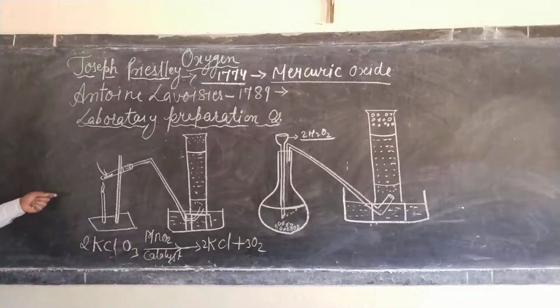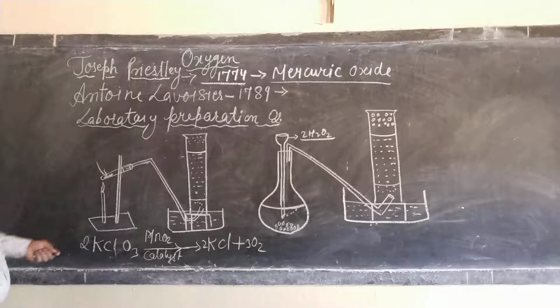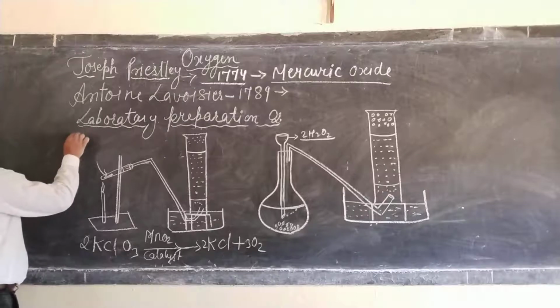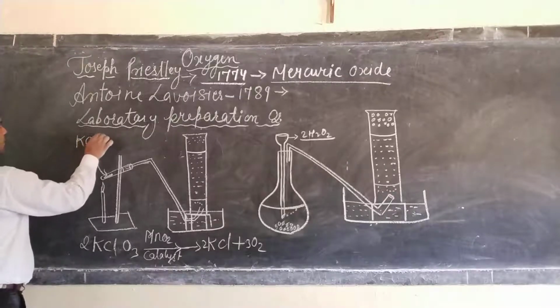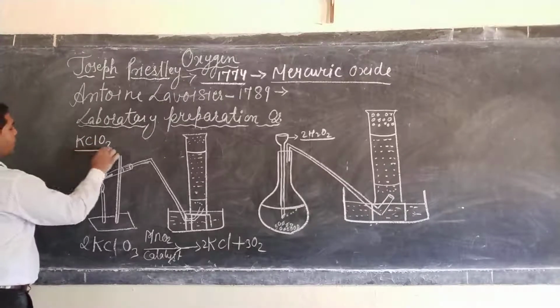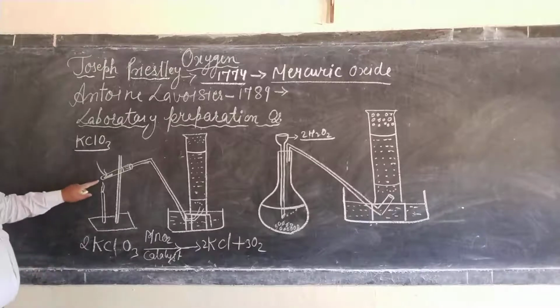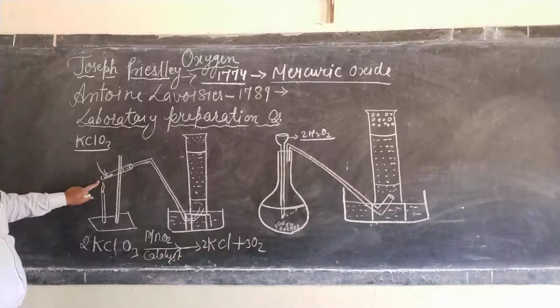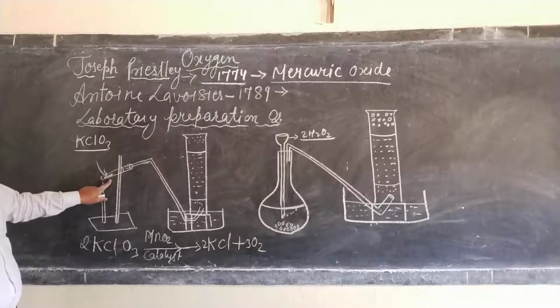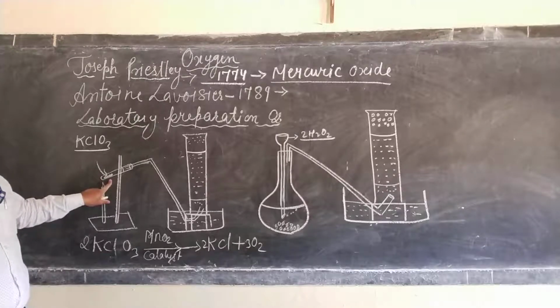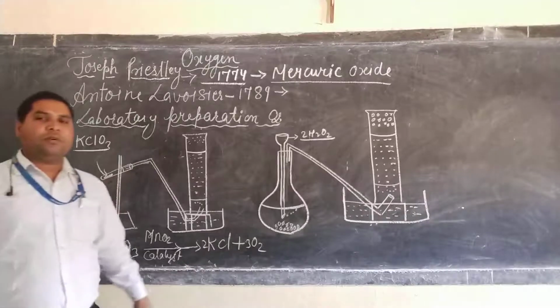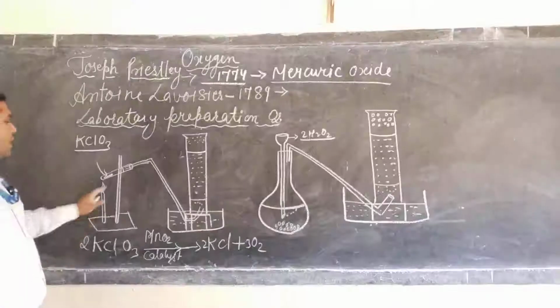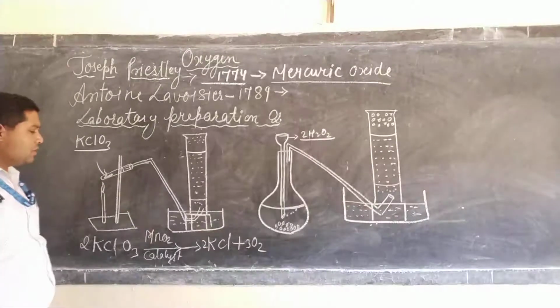In a test tube, a white solid substance, potassium chlorate, is taken and strongly heated. Due to the heating, it first melts and then boils to release oxygen.